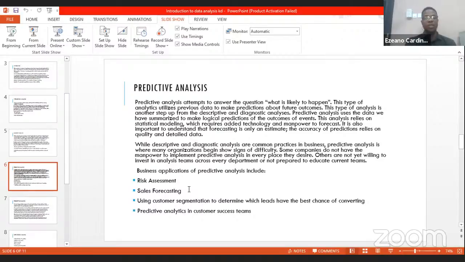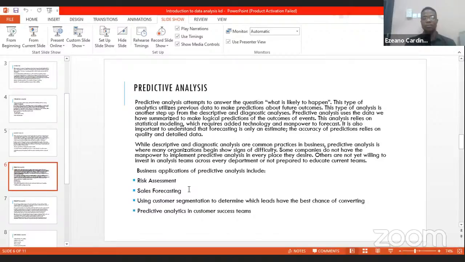When the reason for the analysis is reached and the data collected is cleansed, we go further to create models using the cleansed data to predict a future event.